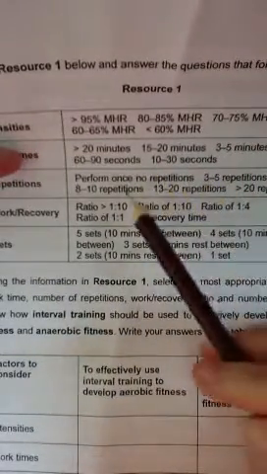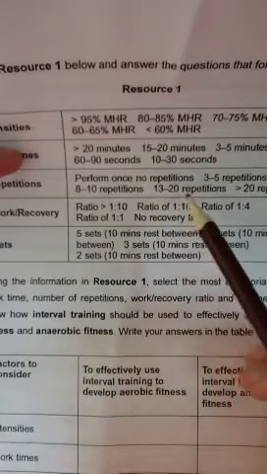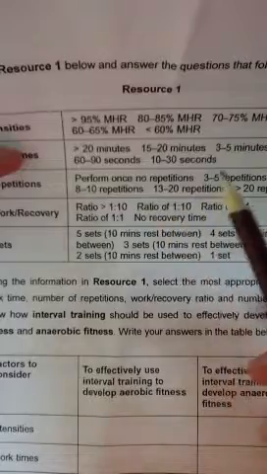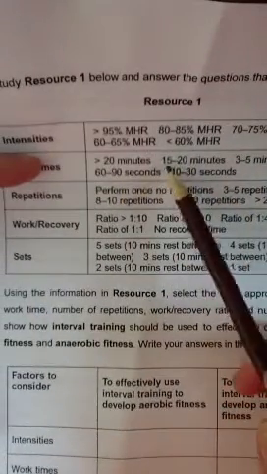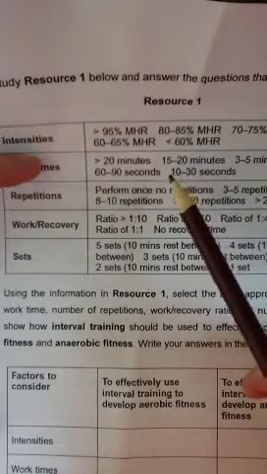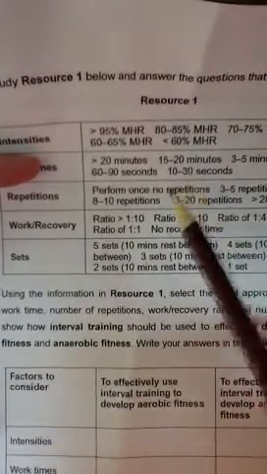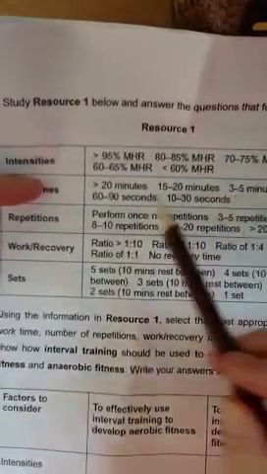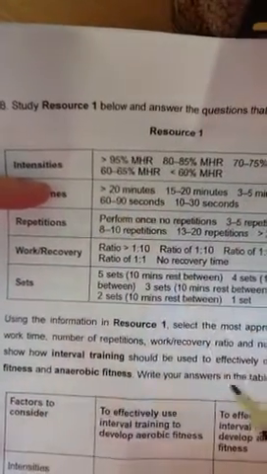That's too short. When you think about 10 to 30 seconds, you're thinking of a short sprint, so this wouldn't be enough for aerobic benefit. 15 to 20 minutes, as you're aware, is not long enough per session, and we also wouldn't be using that as a single repetition. So what we're looking at here is 3 to 5 minutes or 60 to 90 seconds, okay?